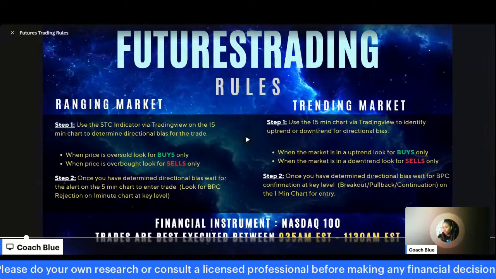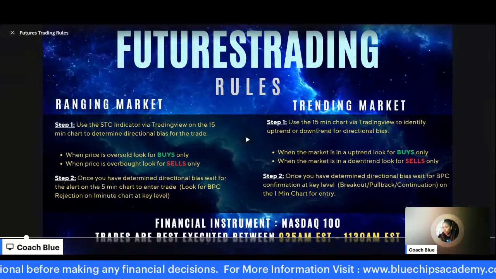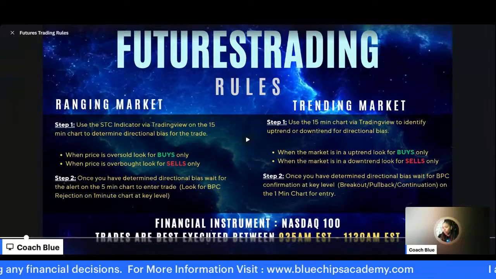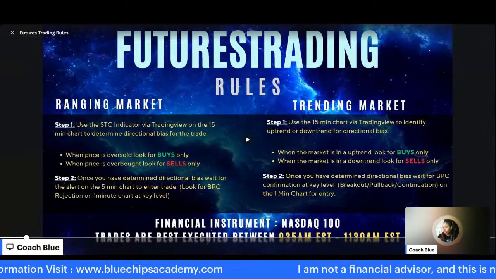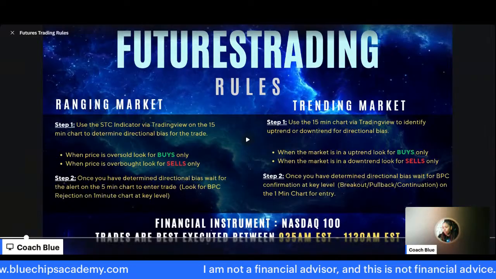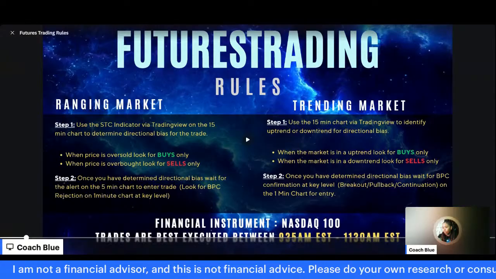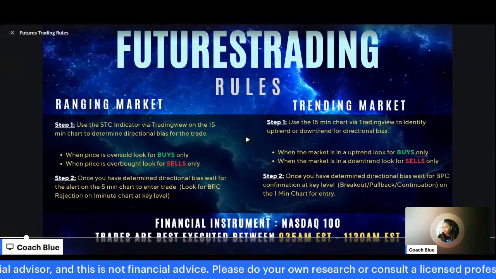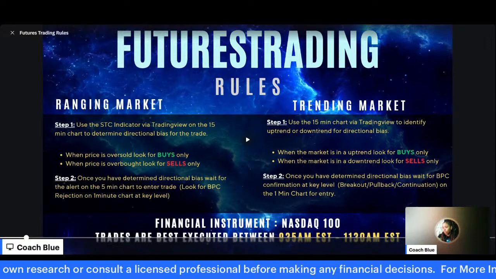So if we're looking at this, the first thing you want to identify when you are trading, it doesn't matter what strategy you're using, is the market conditions. You can't trade using a trending strategy in a ranging market, and you can't use a ranging strategy in a trending market. They just don't work.